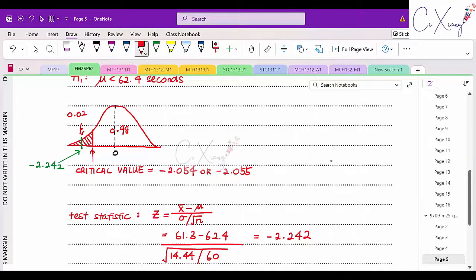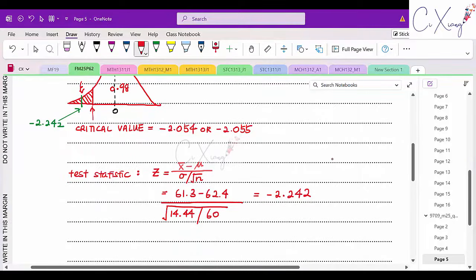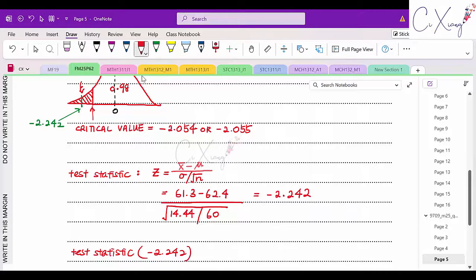So you can see that this particular value of Z actually falls under the rejection region. Okay, so now we can make our decision here. Before you make a decision, please write out the statement of how you decided. So you can say that the test statistic, which is negative 2.242, is smaller than the critical value, and the critical value is negative 2.054.